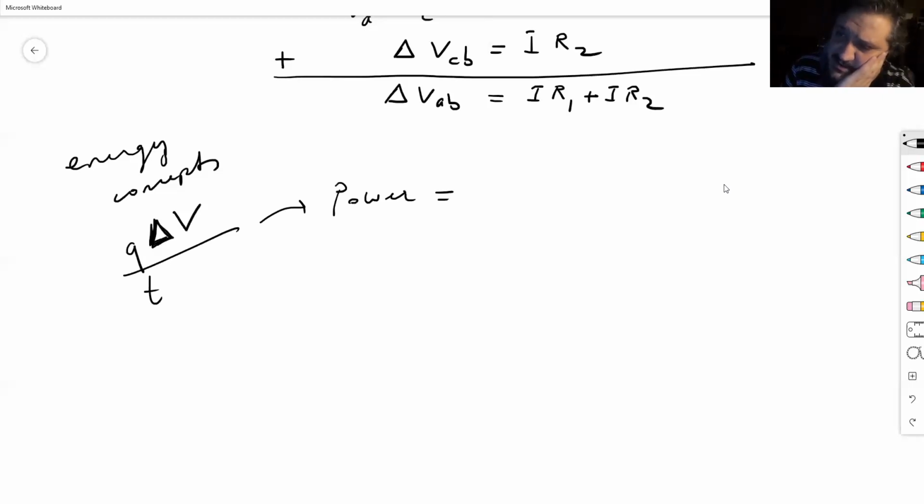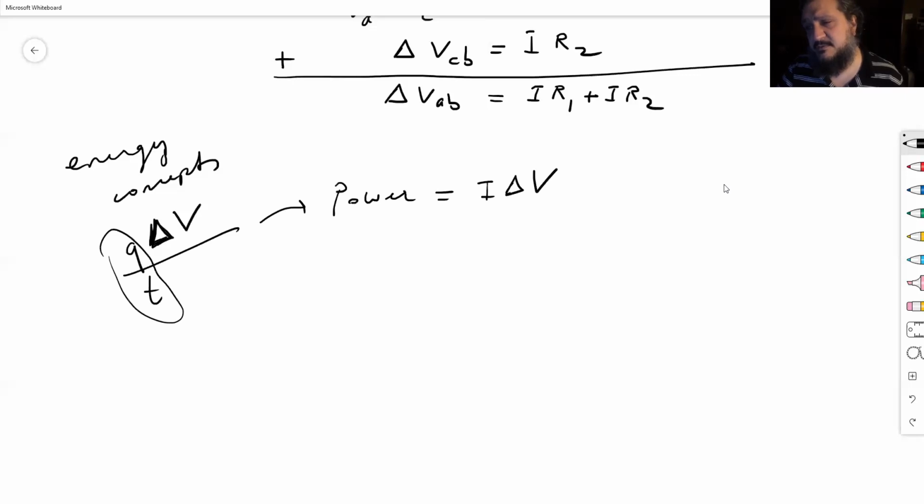Since current is defined as charge flow in a given time, if you multiply it by delta V, this gives you power. This is measured in watts.